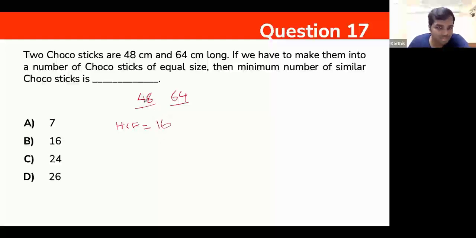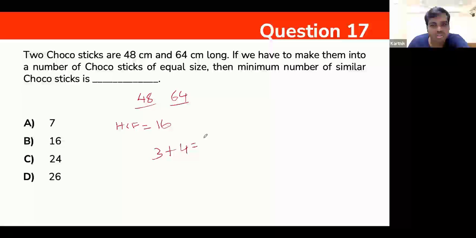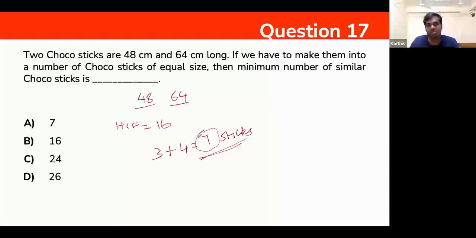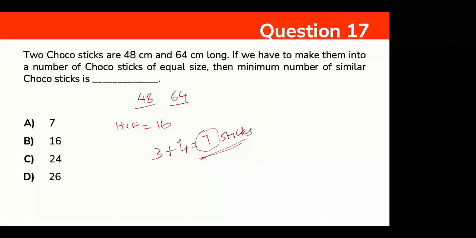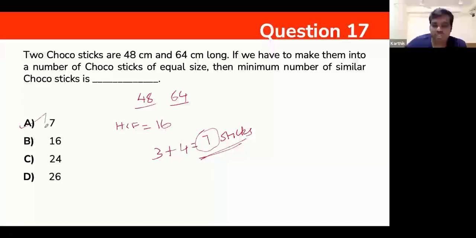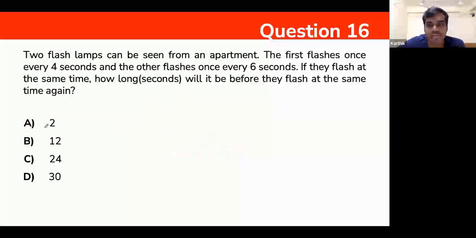If I divide 48 by 16, I will get 3 sticks and here 4 sticks, totally 7 sticks. That is the minimum possible number. Are you able to follow now? Yes, sir. Good. So that is our answer. Try this one.